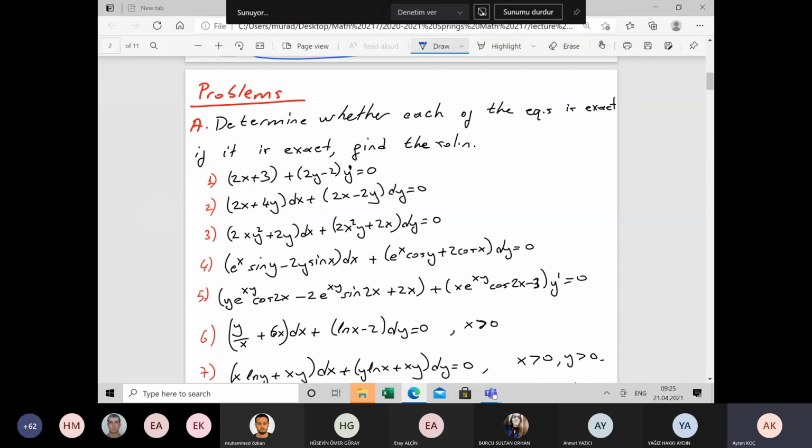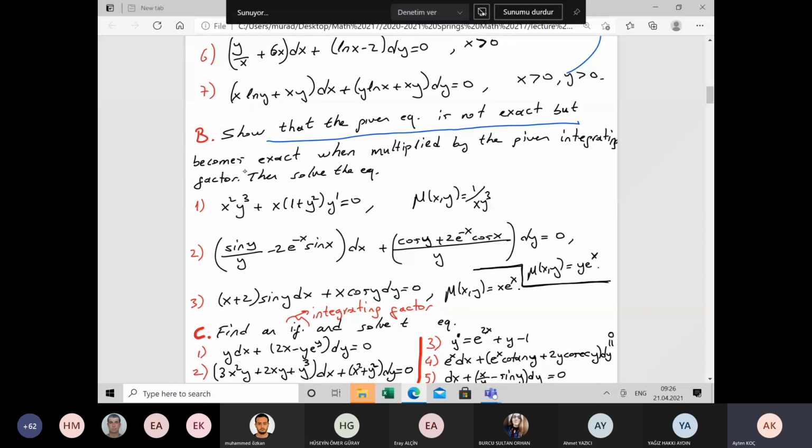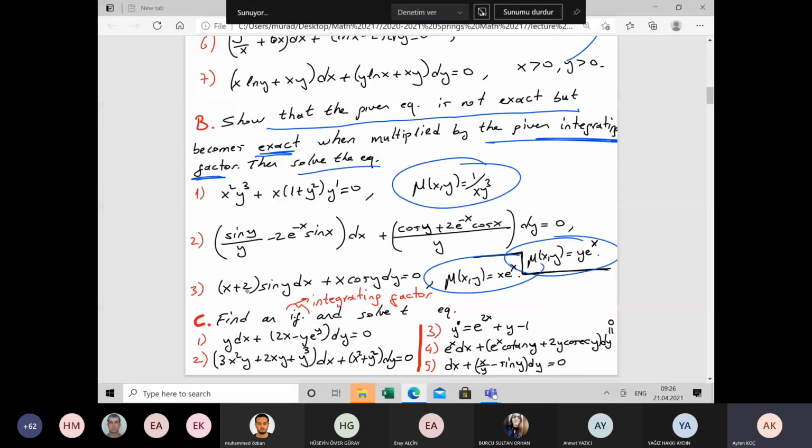And consider these examples. Determine whether each of the equations is exact. If it is exact, find the solution. And then the next step: show that the given equation is not exact but becomes exact when multiplied by the given integrating factor mu, then solve the equation.